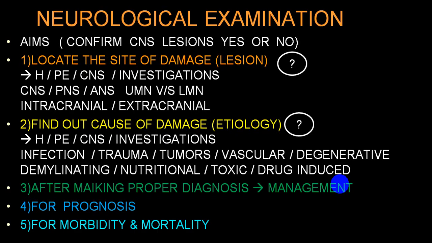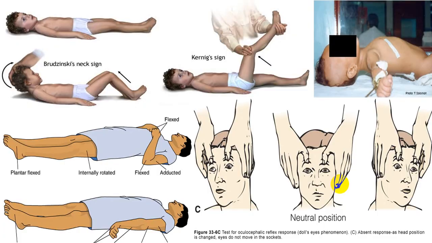And after examining, we should not forget meningeal signs of irritation like Brudzinski, Kernig's, neck stiffness, and brainstem damage in the form of doll's eye movement, caloric test, and posture. We call them decerebrate posture and decorticate posture, and we also look for a person with complete flaccidity.